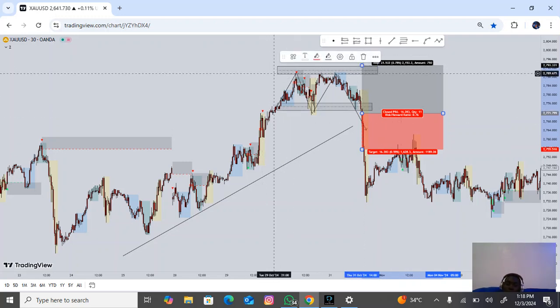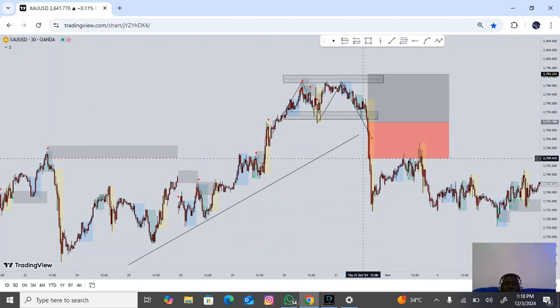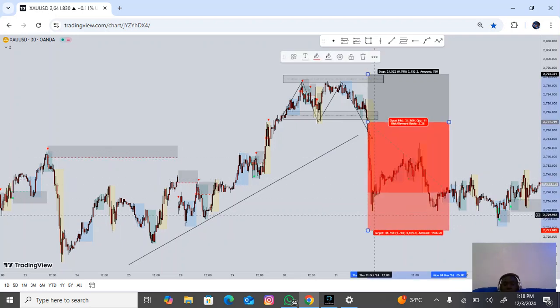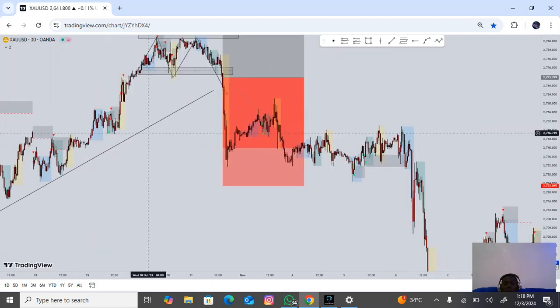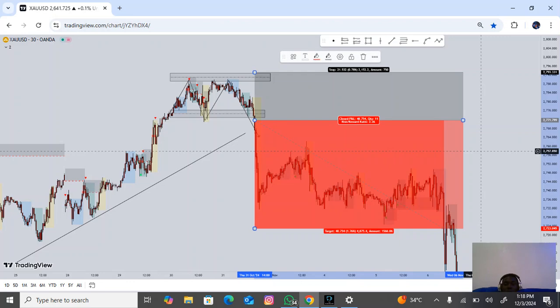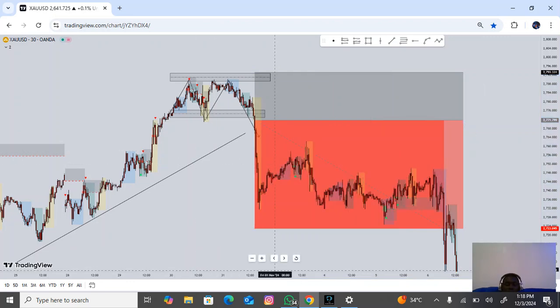Because this double top is a resistance area, a double bottom is a support area. All right. So now you can go for your minimum of 2R, right? As you can see, this was a winning trade. This is the highest high price has ever made.